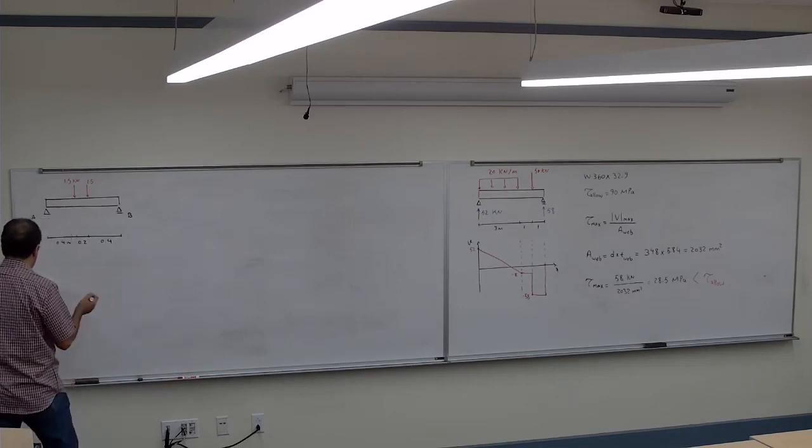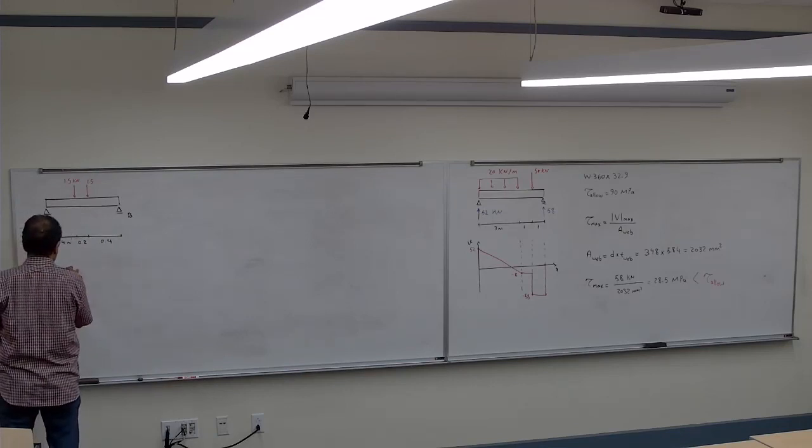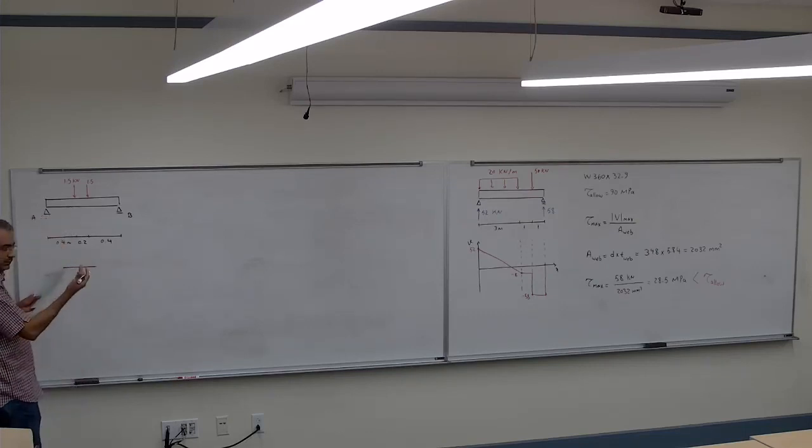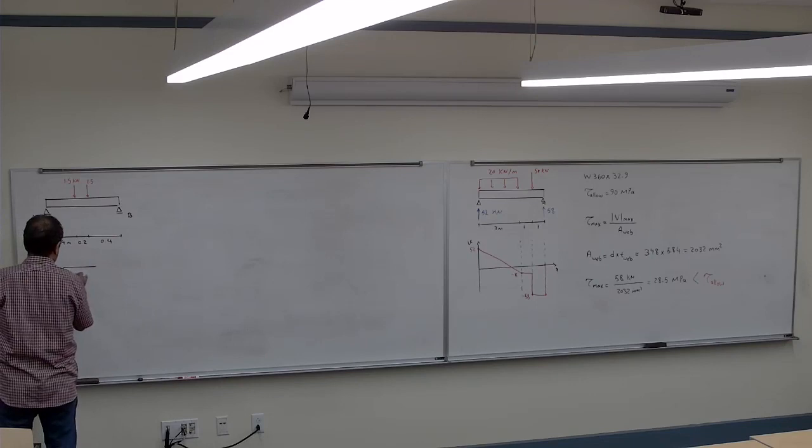And the cross-section shape for that is the I shape, but it's not a symmetric I shape. So it's going to look like the flange is wider at the top.